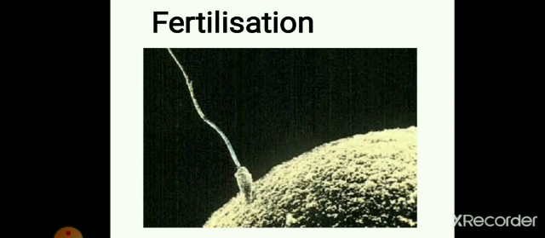Next, fertilization. When the male gamete reaches the female gamete, they begin to fuse together. The fusion of gametes is known as fertilization. Male gamete is sperm and female gamete is egg.